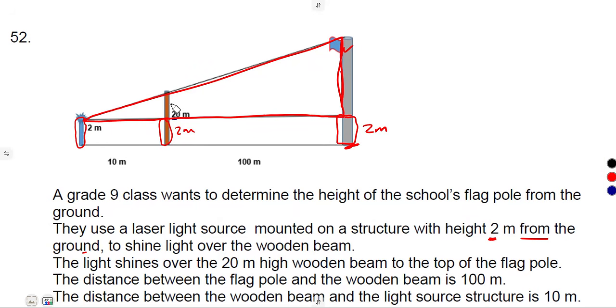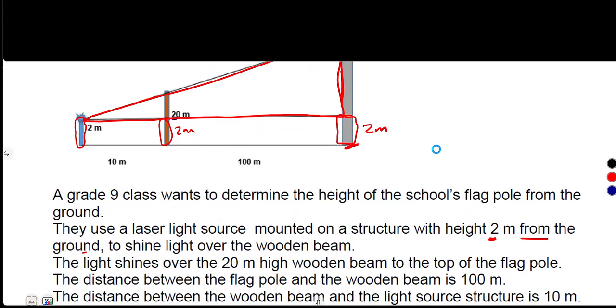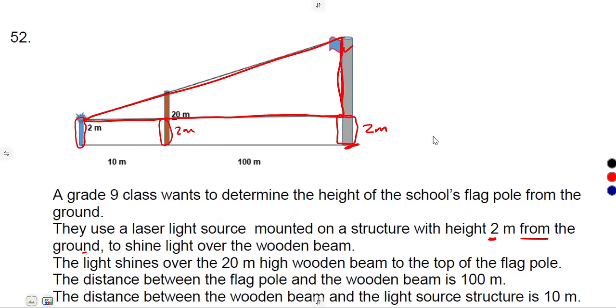So it's going to be 20 minus the 2 meters, the one that is below. So 20 minus 2, which is 18 meters.